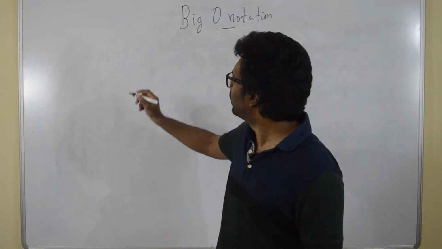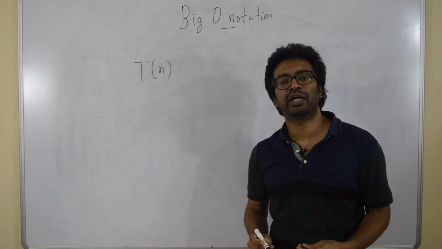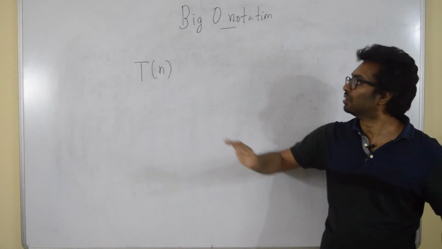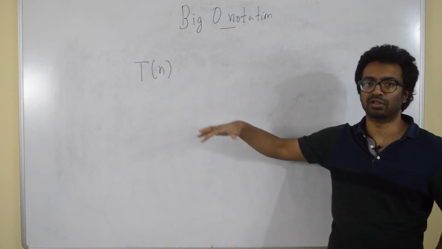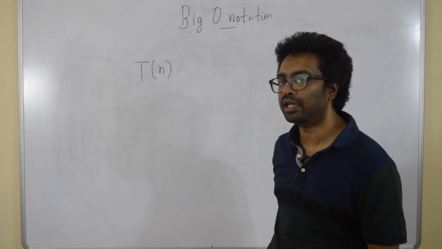So we say that the running time of an algorithm, T of n, is the time it takes given an input of size n.